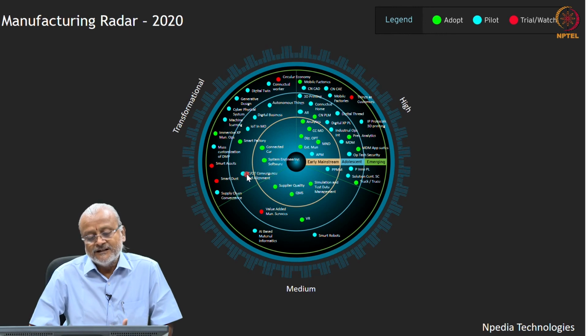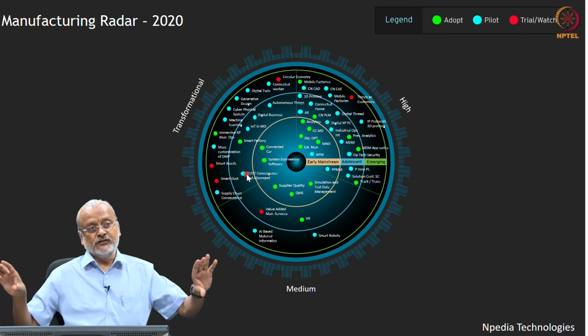So, in this session we understood what a radar is and its legends, what each of the legends signifies, and we looked at the emerging technology radar to understand technology as a horizontal.